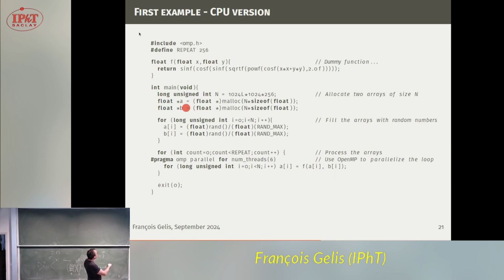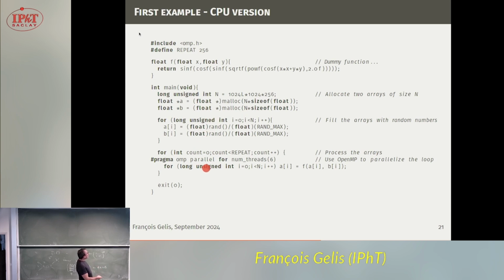You create 2 arrays, A and B, large arrays. They have 256 million floating point numbers in them. And then these 2 arrays, you populate them with random data. These are numbers between 0 and 1, just to have some data in them.